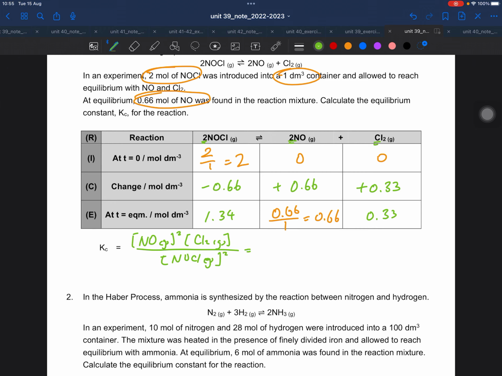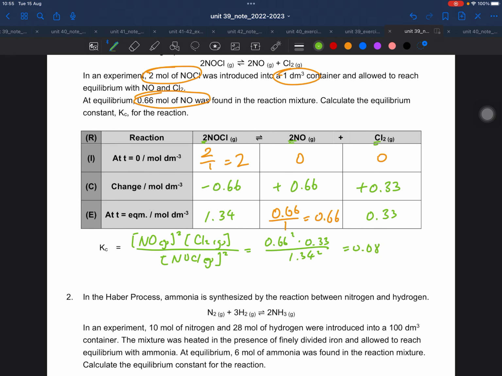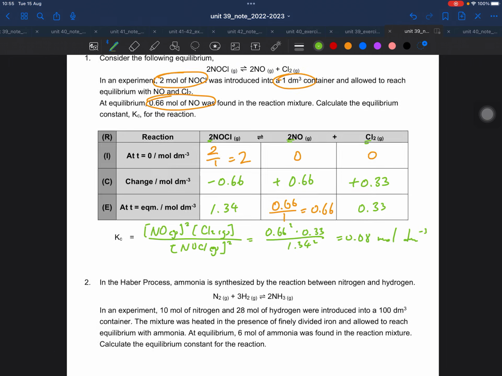Alright? So after that, we input all the data, and you should get the result like this. This is not so difficult, right?